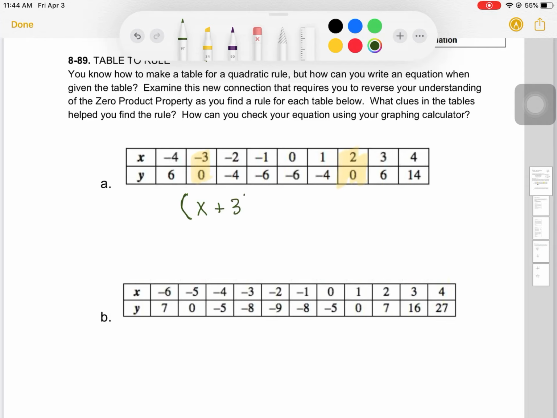that would mean that we had x plus 3, because -3 would make that factor equal to 0. And over here we had x minus 2, because 2 would make that factor equal to 0. So in factored form, we think that this could be the equation for that parabola.